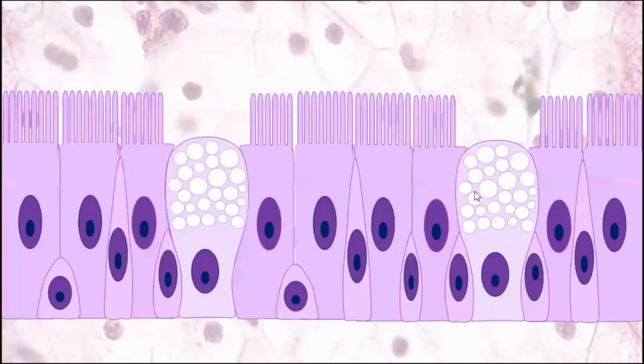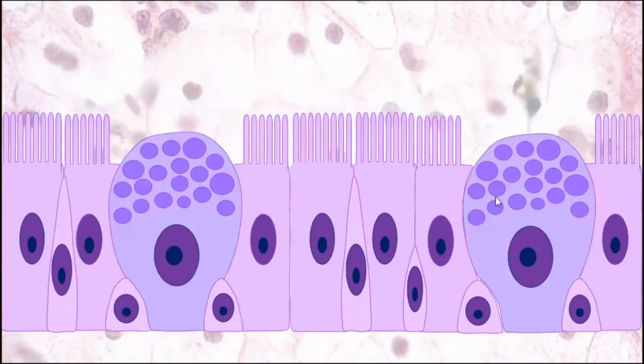It's a layer of surfactant. Here we can see bronchial epithelium and it's covered with layer of mucus, which is produced by goblet cells. But in bronchioles we have layer of surfactant, a special lipid substance which covers surface of the epithelium and prevents collapsing. It's present in all parts of respiratory portion.